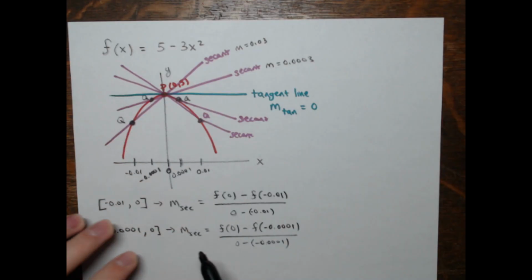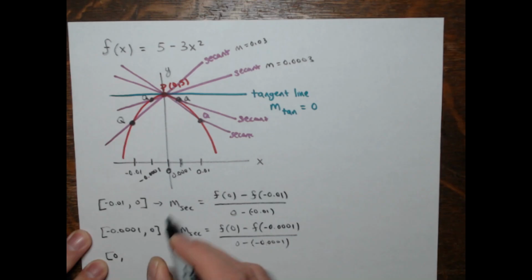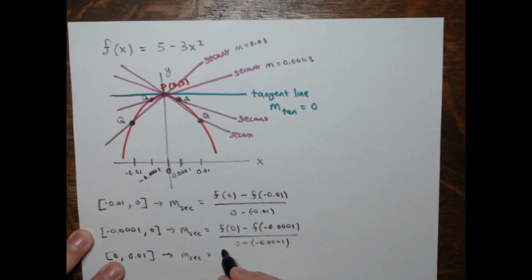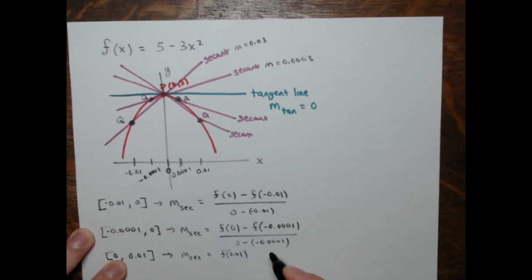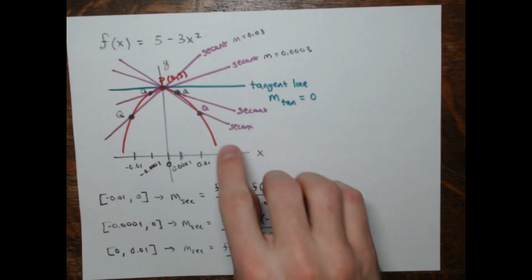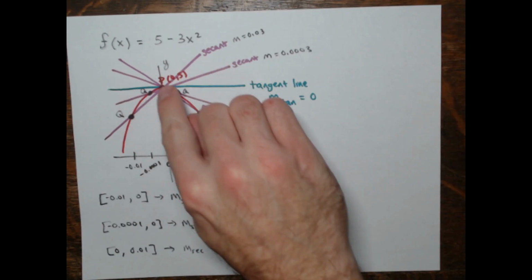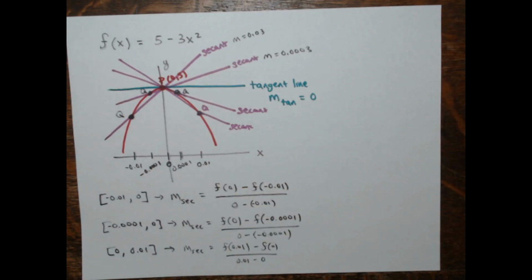All right, so I'm going to go from 0 to positive 0.01 and the slope of the secant line. I'm going to do f at 0.01 minus f at 0 divided by 0.01 minus 0, right? So again, that's the slope of this line here, right? Through that point where x is 0.01.